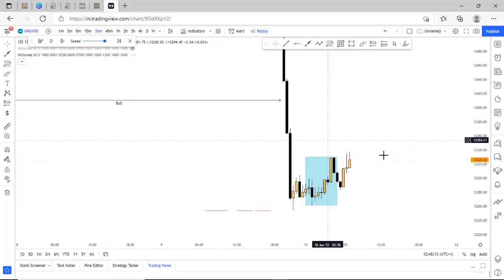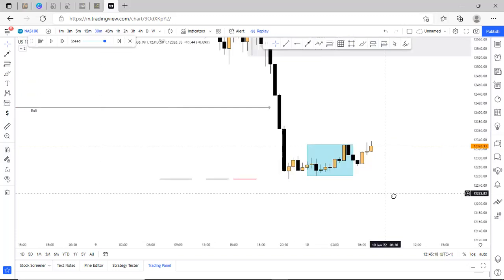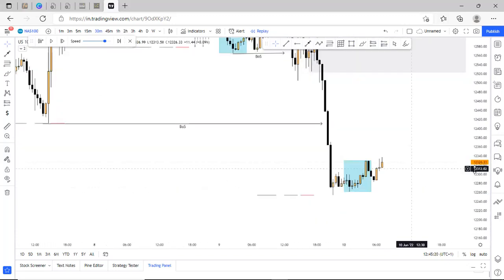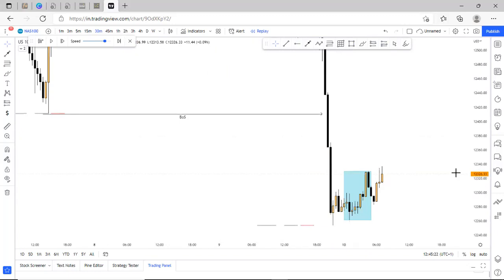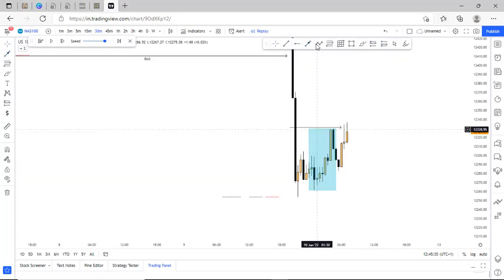And turning on my HR range indicator, like I always do during the London session, I realized price took out the Asian range high, the liquidity. Like I always say, there's a liquidity line on top of this Asian range, and there's a liquidity line below this Asian range as well.